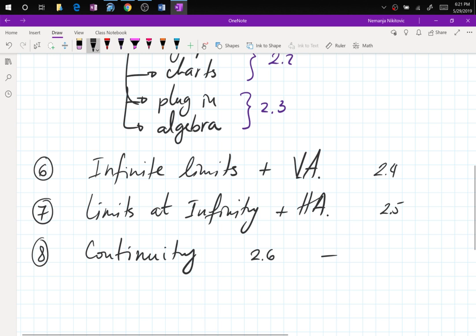Now continuity has those 3 rules. Global, and then those 2 theorems, so that you can show that something more complicated is continuous by looking at it. We did a few of those as well.